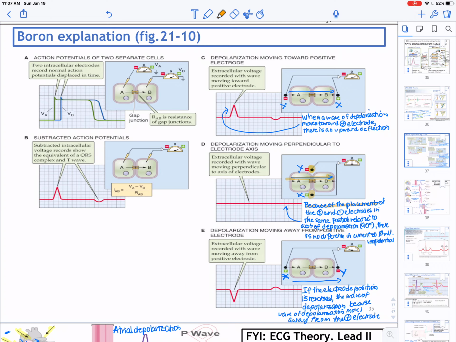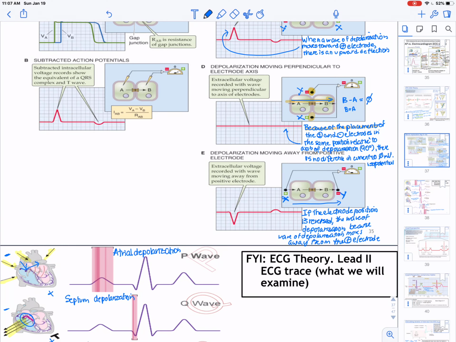And so they are seeing the same charge distribution when the current passes through. So if we had B minus A in this situation, since B equals A, we would see 0. So the electrode placement is important for being able to read information about the electrical activity.